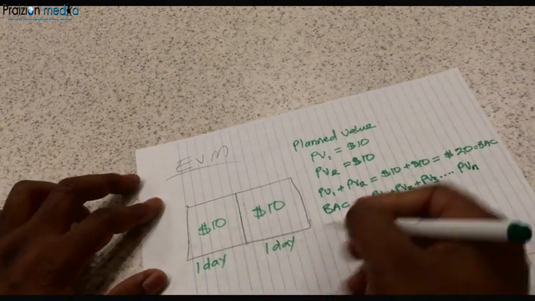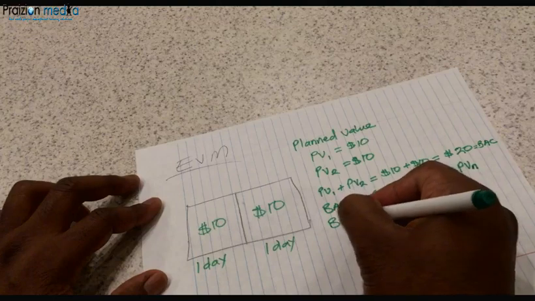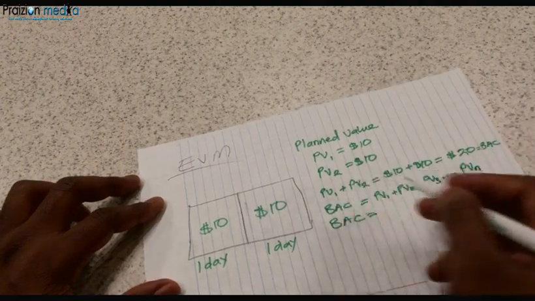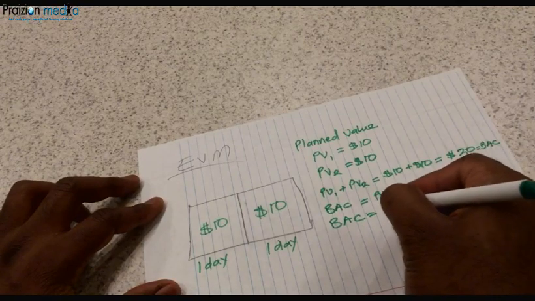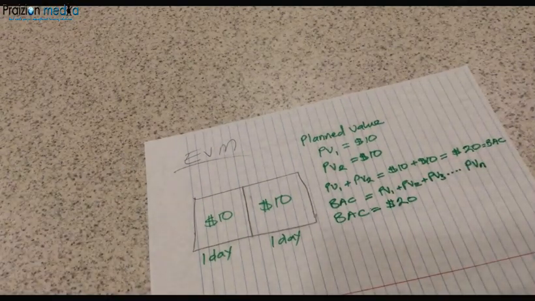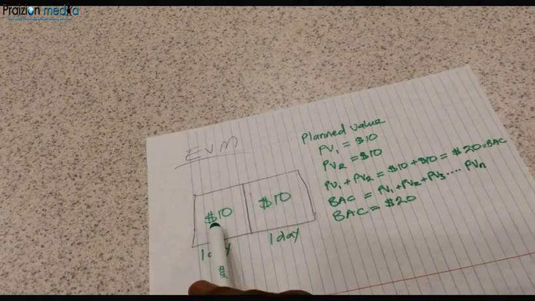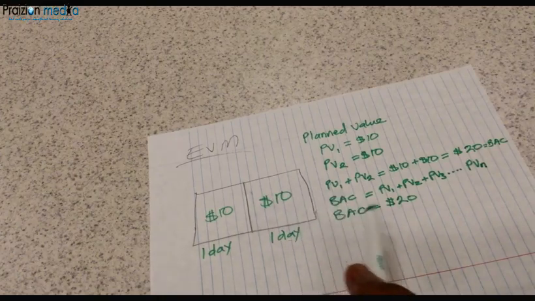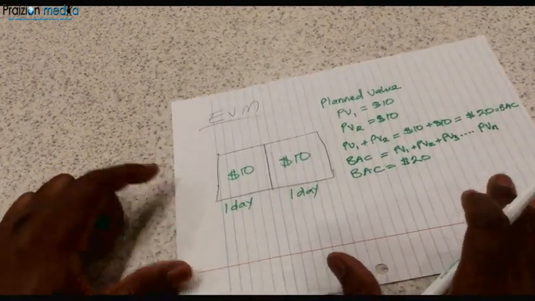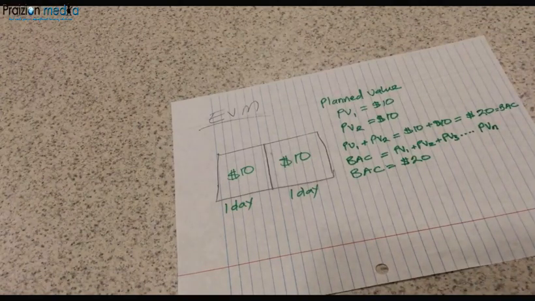So in this example, the budget at completion, as in my formula above, PV1 plus PV2, is $20. You see, now you understand two of these metrics already: PV and BAC.